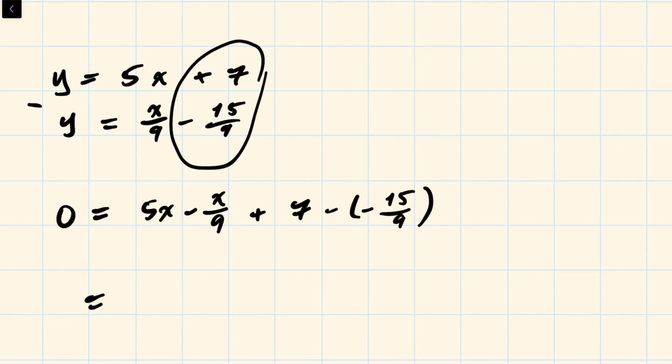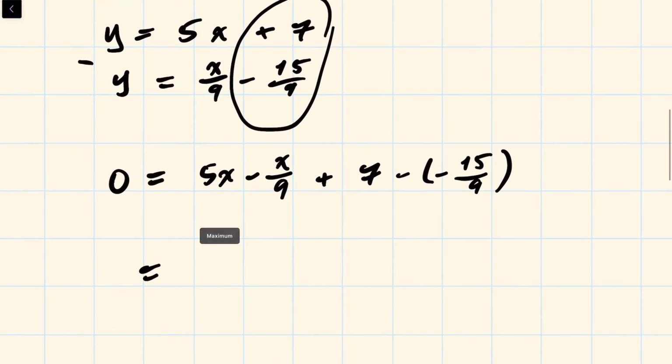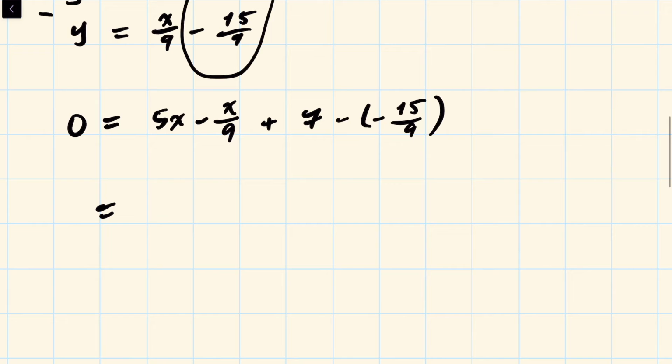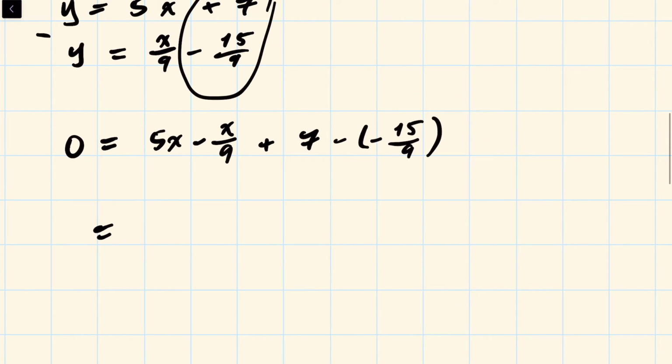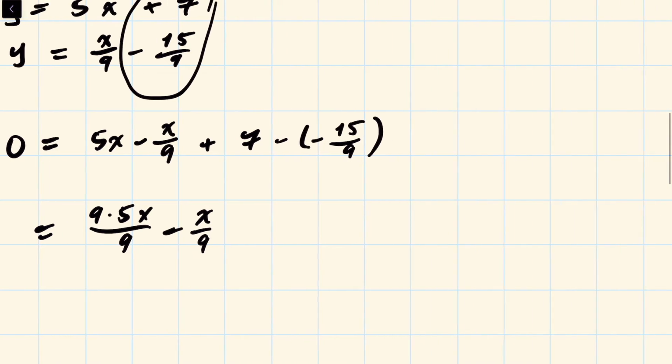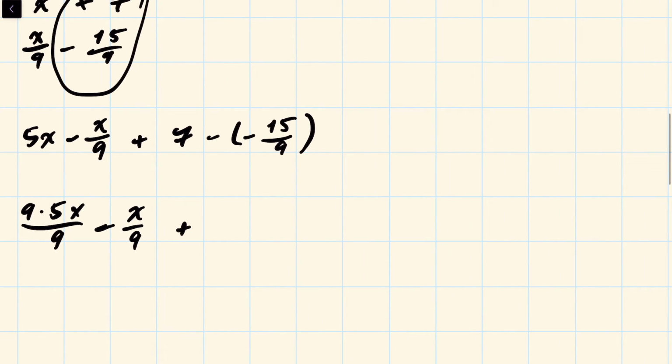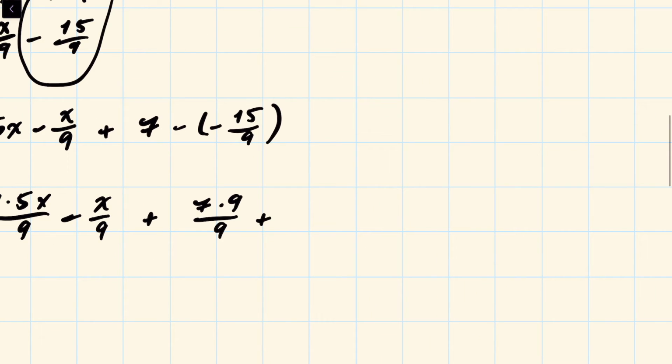So we are going to collect our like terms here. I'm going to say 9 times 5x over 9 minus x over 9, plus 7 times 9 over 9 plus, because if you're subtracting a negative, it becomes addition, 15 over 9.